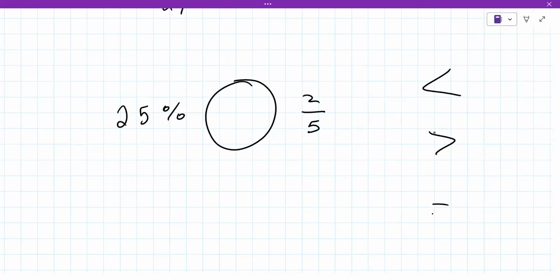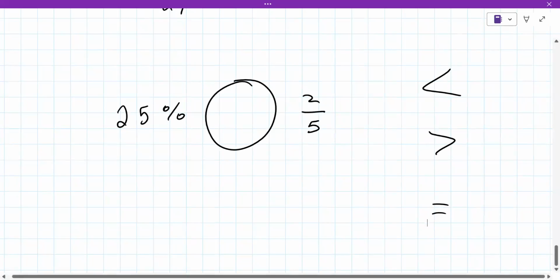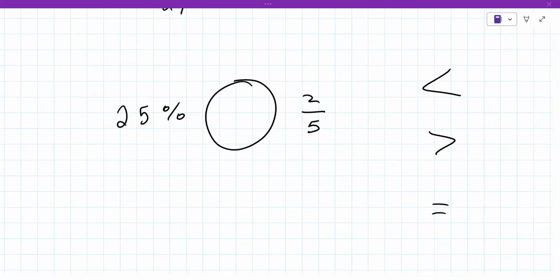Less than, greater than, or equal to. Okay, let's see. 25% is 0.25.